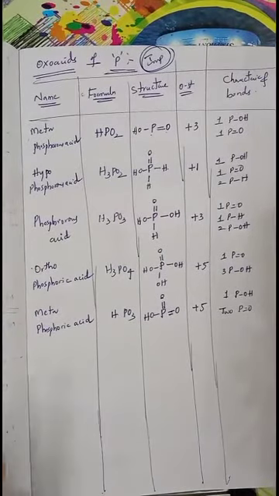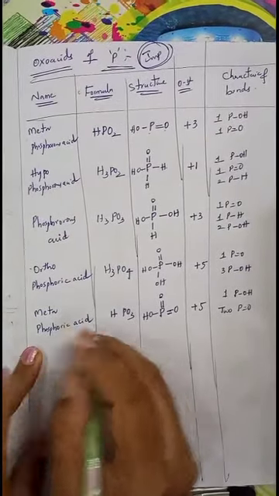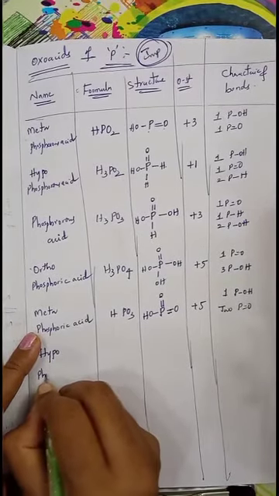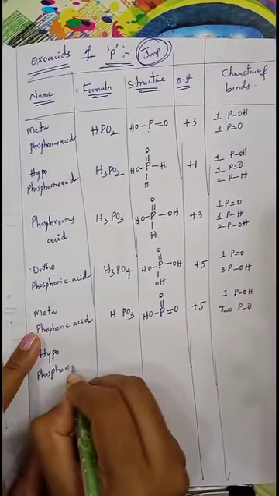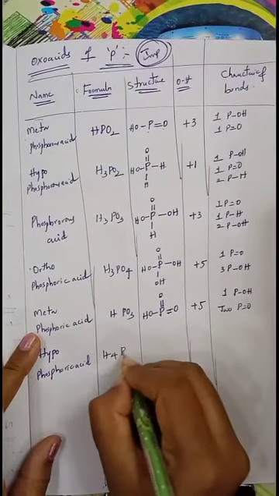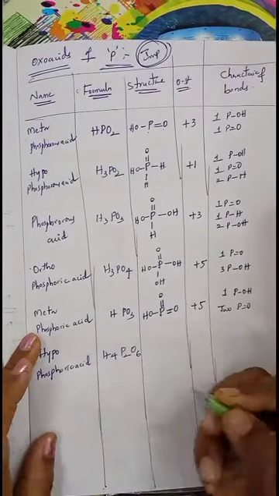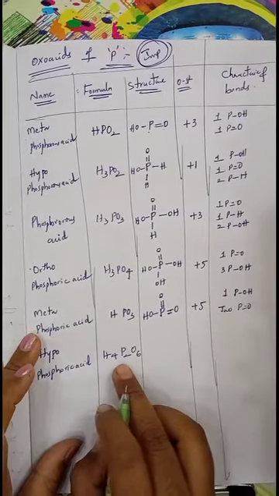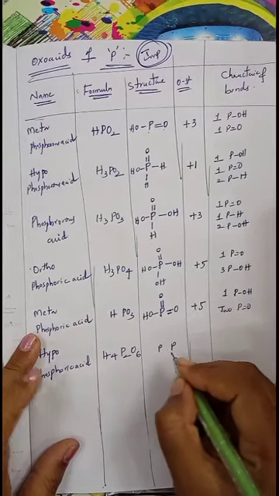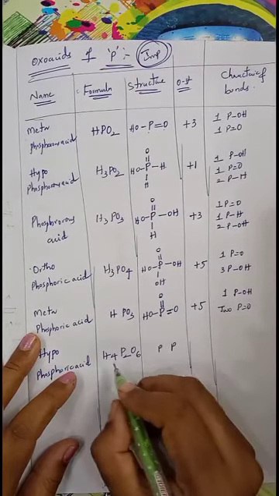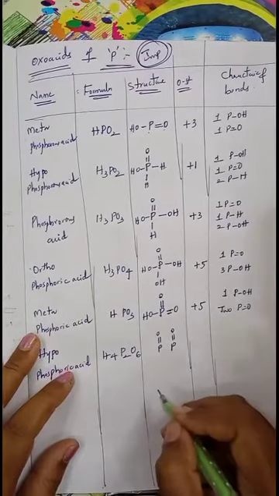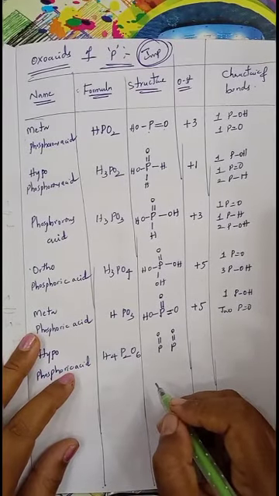Next type of oxoacid is hypophosphoric acid. Hypophosphoric acid formula H4P2O6. Here 2 central atoms, phosphorus, are there, right? Among 6 oxygens, 2 oxygens will make a double bond, one with each phosphorus atom. Still 4 oxygens are there.